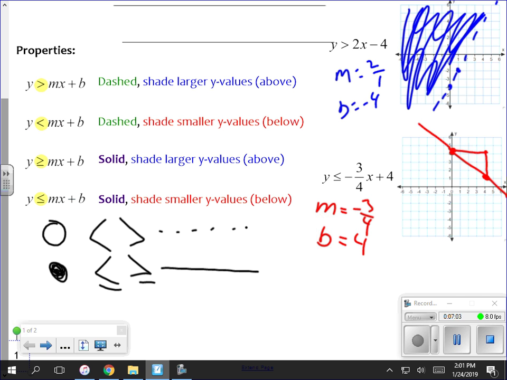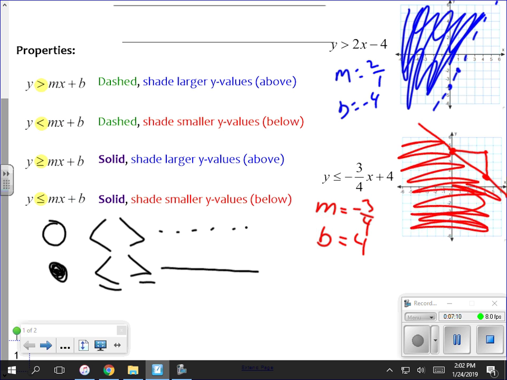It's less than, so I want everything below it. So that means I shade below. Everything that is in that shaded area works. In this case, everything that's on the line works. Everything that's not in the shaded area doesn't work.